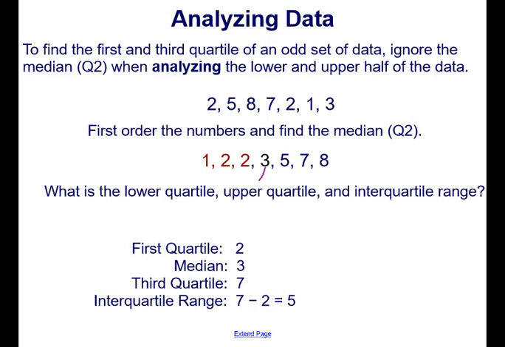So if this is the median, 2 is in the middle of the first or lower half of the data. The median's 3. The third quartile is 7. It's in the middle of 5 and 8, or the middle of the upper or higher half of the data, the 3 numbers after 3. And then the interquartile range would be subtracting 7 and 2, so 7 minus 2 is 5.